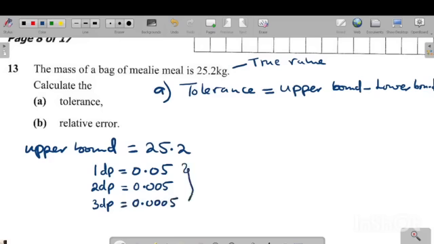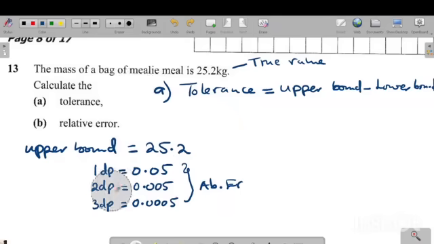So these are absolute errors. Now when you look at our true value, it has one decimal place, and because it has one decimal place, for us to find the upper bound, we are going to add 0.05 to this true value.